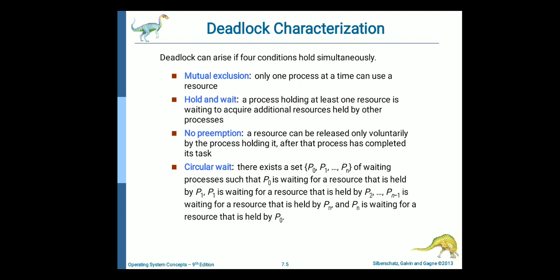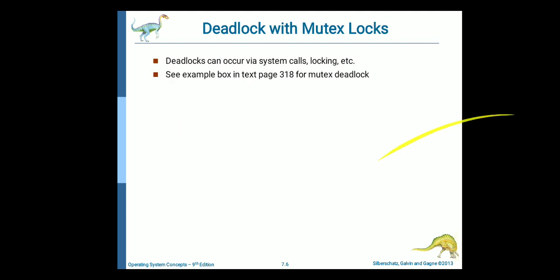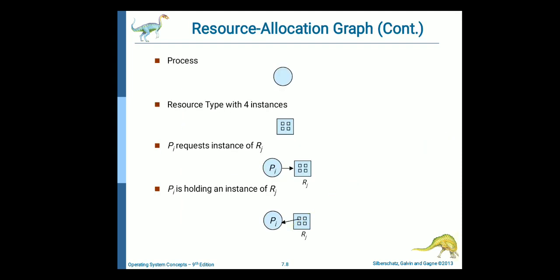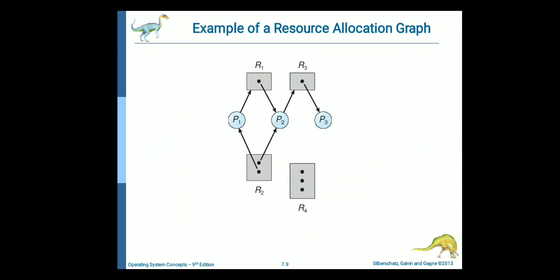Our next topic is how to handle the deadlock. First, we should know about the resource allocation graph. This is a pictorial representation of processes and resources, showing how they are connected and how processes use, release, and request the resources.